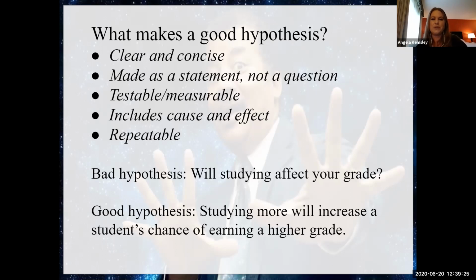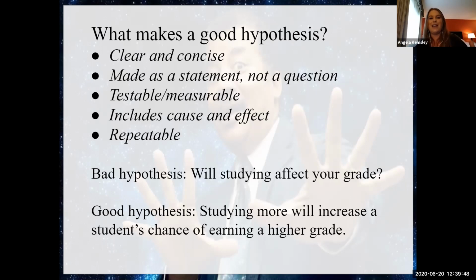Like, how much are you studying? How is it affecting your grade? So we have some level of cause and effect here, but we're not really quite sure. Like, are you saying that studying more or less will make your grade higher or lower? And because of that, it's not really repeatable because we're not exactly sure what you're asking.